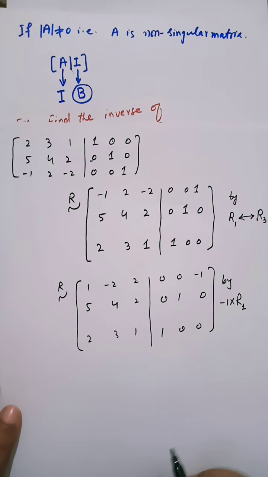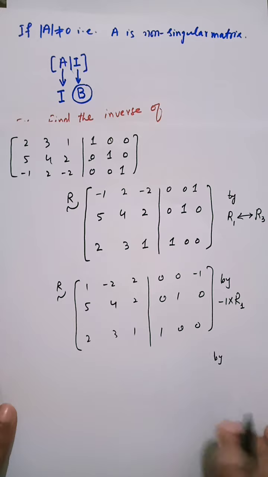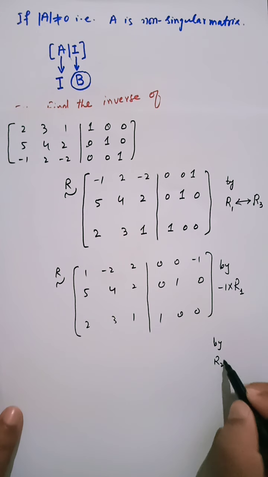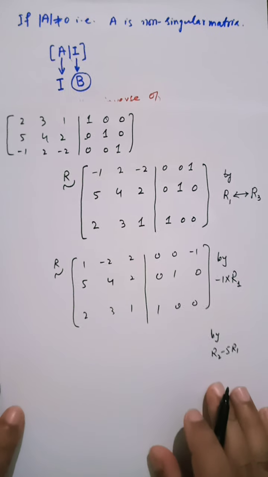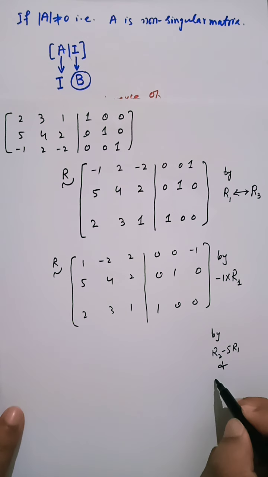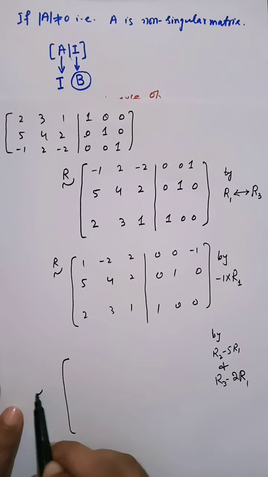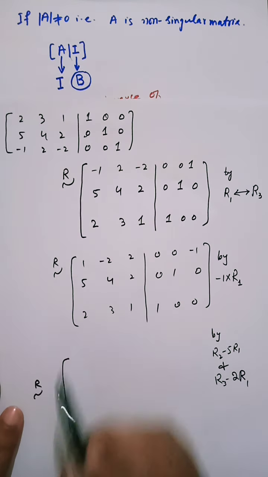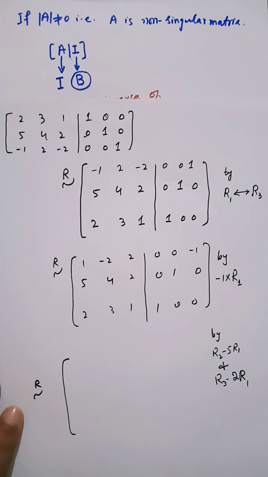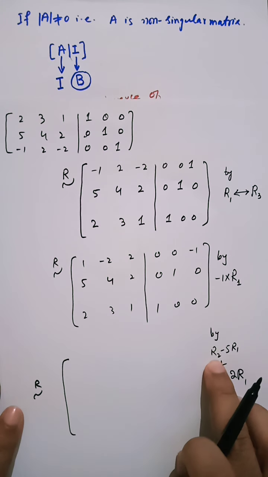Now I do R2 minus 5 R1 and R3 minus 2 R1, so this will become 0 and this will become 0. Just multiply 5 with R1 and subtract it from the elements of R2.